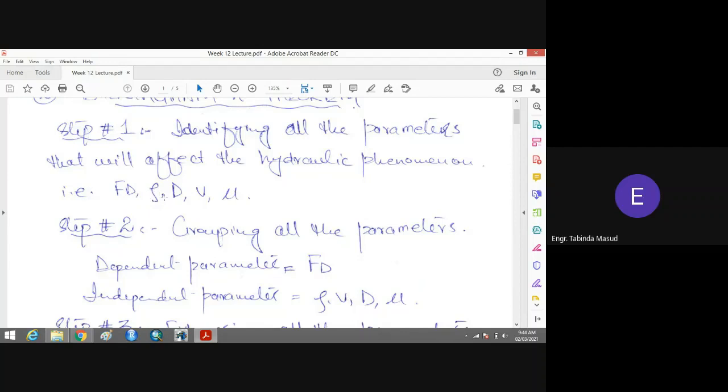For example, you will hold density, dia, and velocity constant. You will only change the viscosity of the fluid and check how it affects the drag force. Let's suppose you perform 50 or 100 experiments for this.